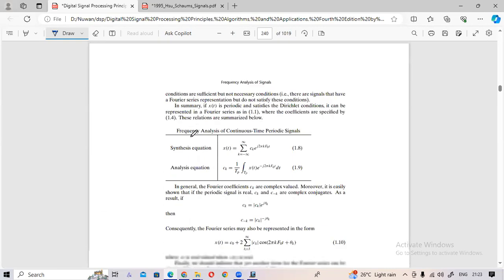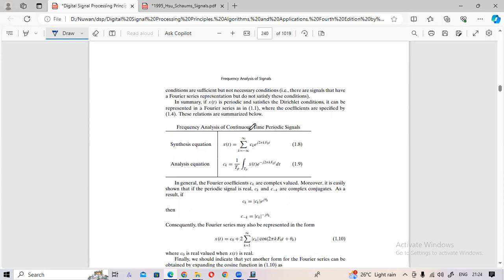This is for a continuous time signal. And for a continuous time signal, the frequency is denoted by capital F naught. So we have learned this too.